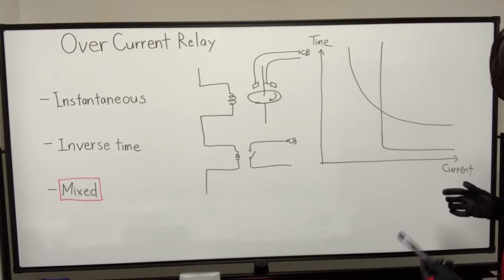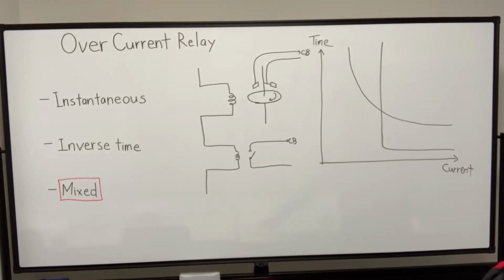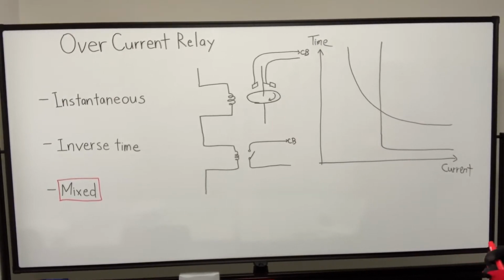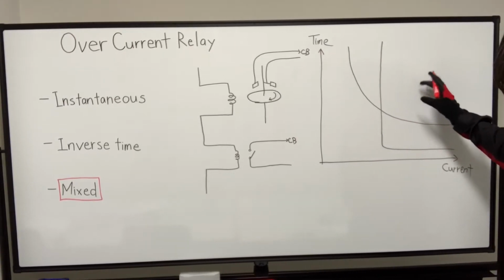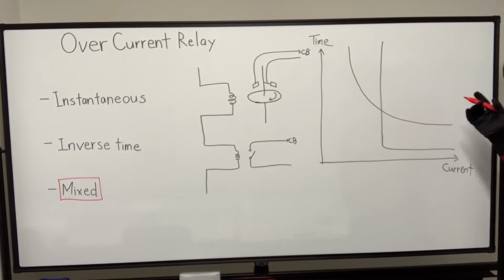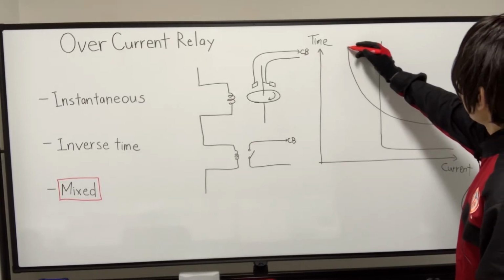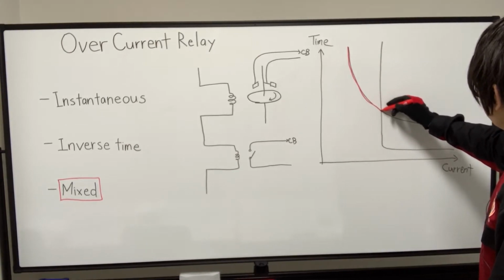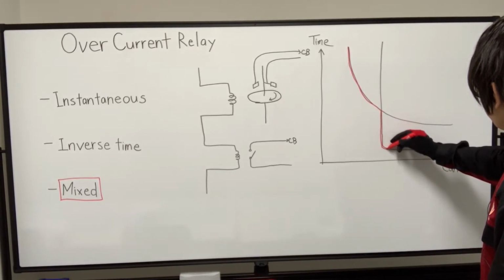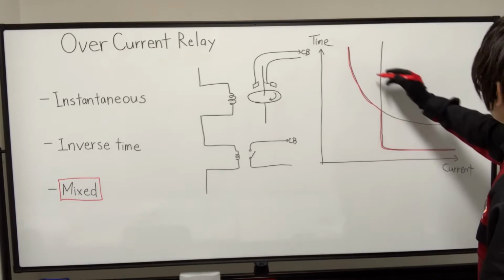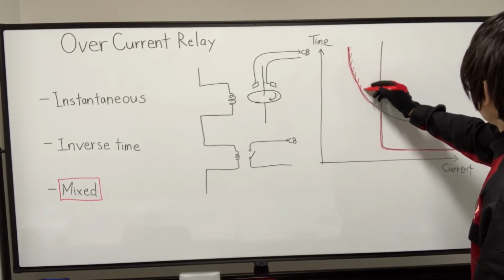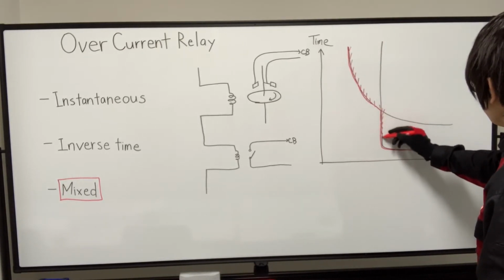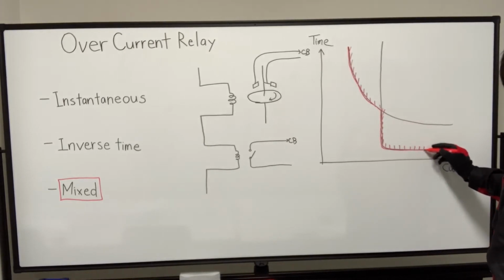So what happened? Here it is overlapped. So as a conclusion, this red line represents the operating time characteristics of this mixed type relay. Okay, combined.